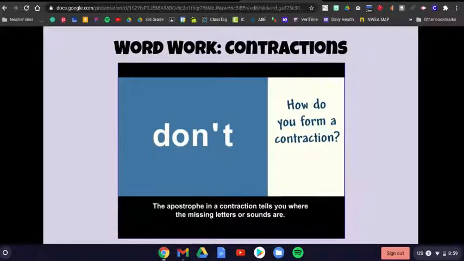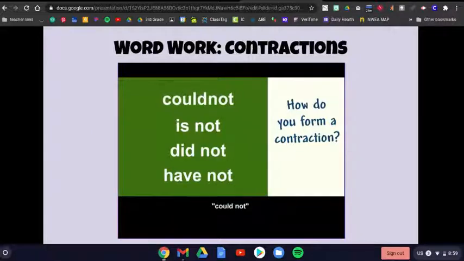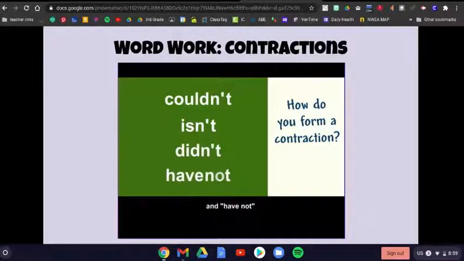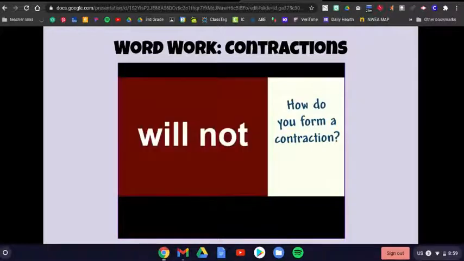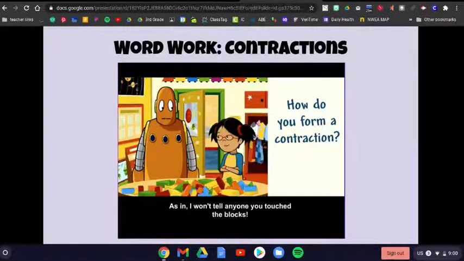The apostrophe in a contraction tells you where the missing letters or sounds are. So do not becomes don't. You can do the same thing to change could not to couldn't, is not to isn't, did not to didn't, and have not to haven't. But the contraction for will not doesn't follow the pattern. Its contraction is won't, as in, I won't tell anyone you touched the blocks.